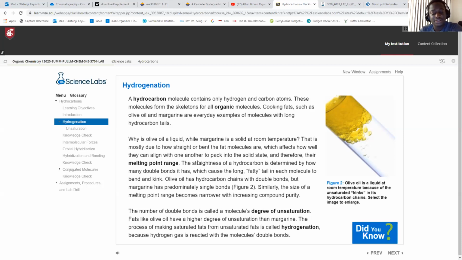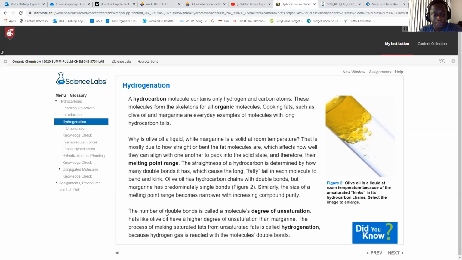So in essence, what I'm trying to say is that the melting point or the boiling point of a molecule depends on how strong the intermolecular forces are between each of the molecules in the compound you're looking at.